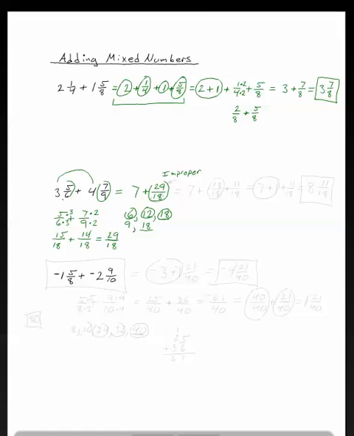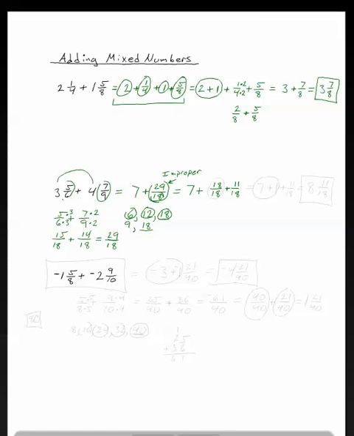It's improper because the numerator is larger than the denominator. So really what we have is 7 plus. Now remember that the denominator is telling us that each whole has to be divided into 18 pieces. So we could take the 29/18 and rewrite that as 18/18 plus 11/18.